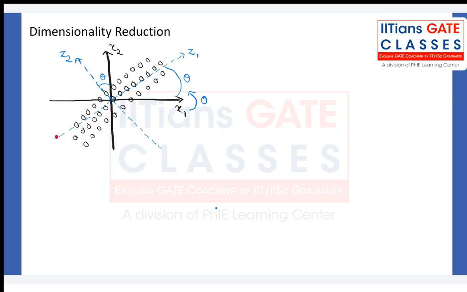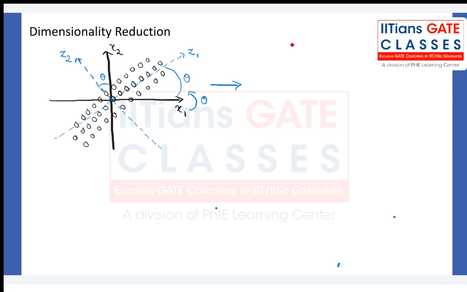Now, if I rotate this data, and you look at it from the plane of z1, which is the new rotated axis of x1, if you look at this transformation, the axes will now look like this.